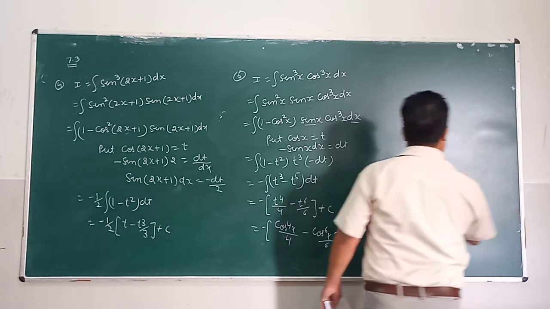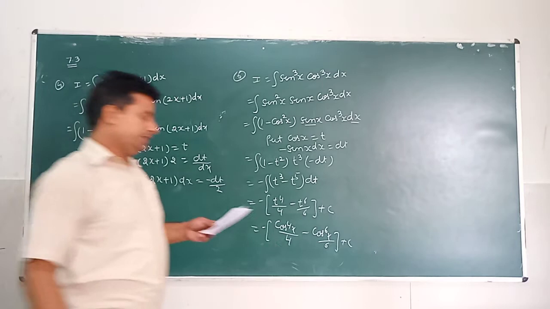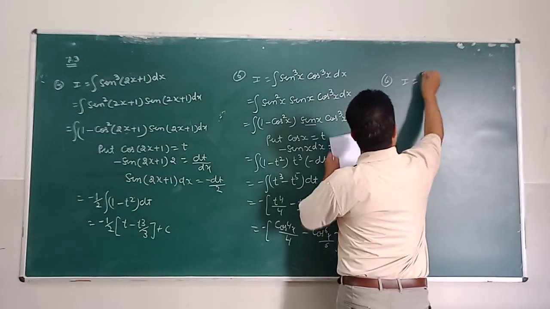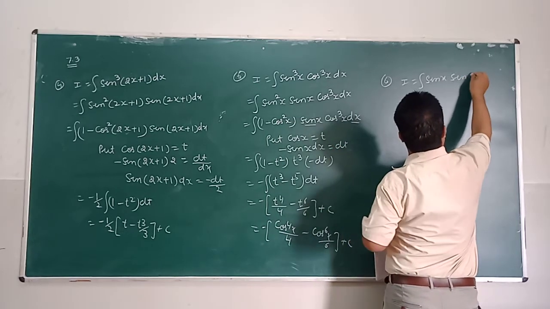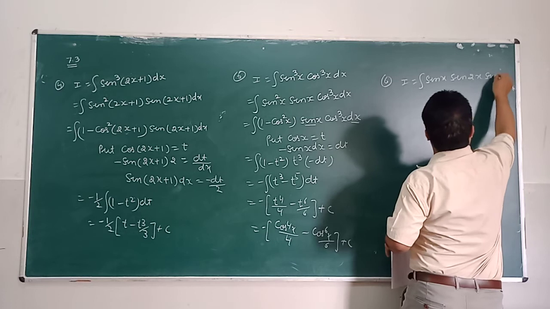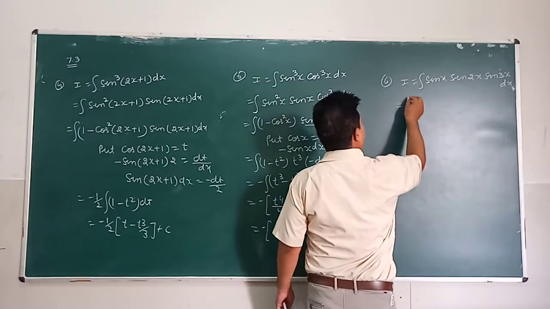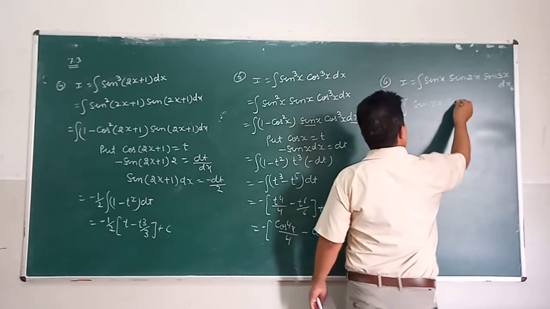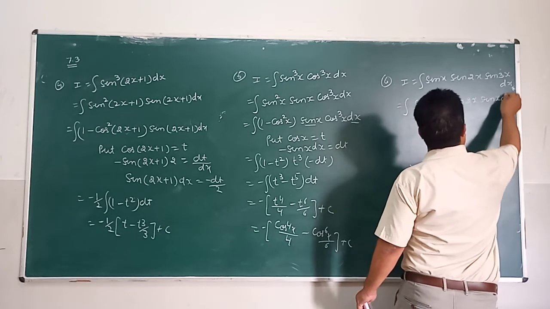In question number 6, the statement is I equals sin x into sin 2x into sin 3x dx. First we write this in decreasing order, that's sin 3x sin 2x sin x dx.